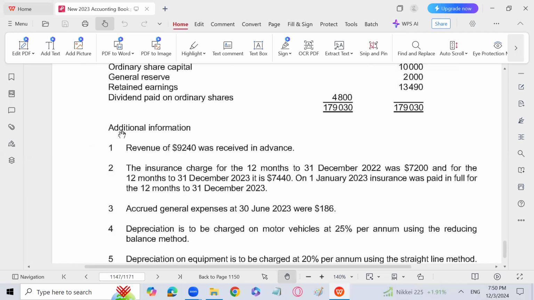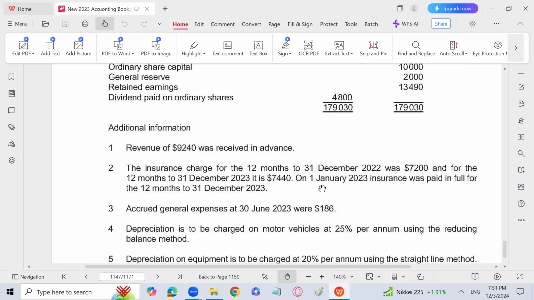So 7,200 into 6/12 will be our insurance for 6 months in the current year, that is 3,600. And for the 12 months to 31st December 2023, the insurance is 7,440. So 50% of this again is going to be the insurance for the current year. So 3,600 plus 50% of this, whatever it will become, will be added to 3,600 to get the insurance expense figure.